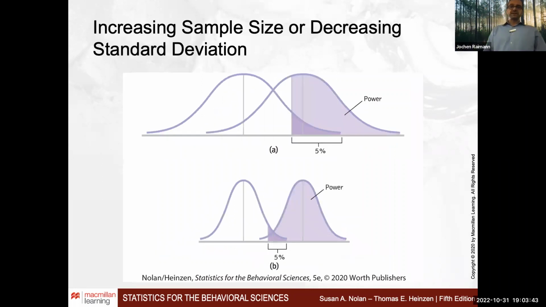You can also increase the sample size, thereby decreasing your variability. That's the same way of depiction as we had earlier with the effect size. It's the same difference, but by decreasing the variability, by increasing the sample size, you again get a larger non-overlapping region.